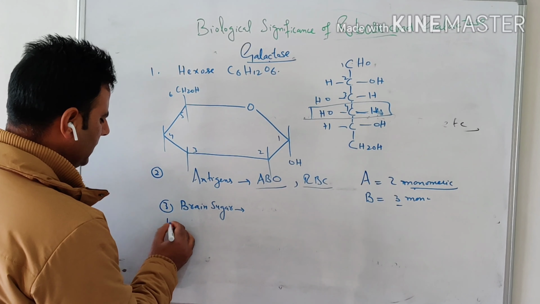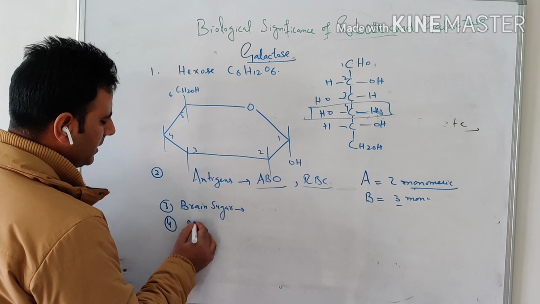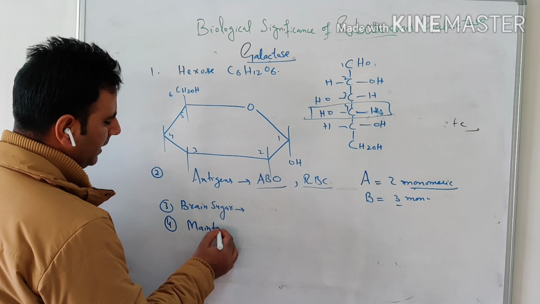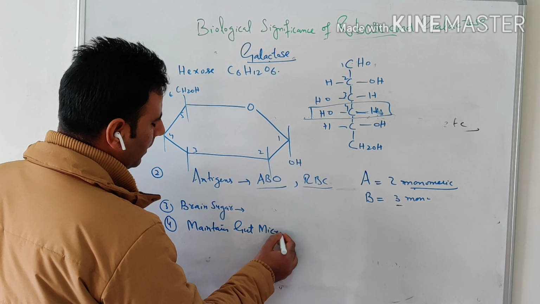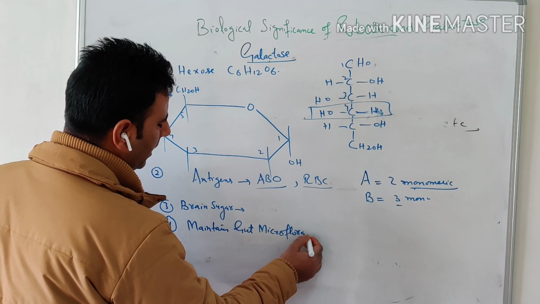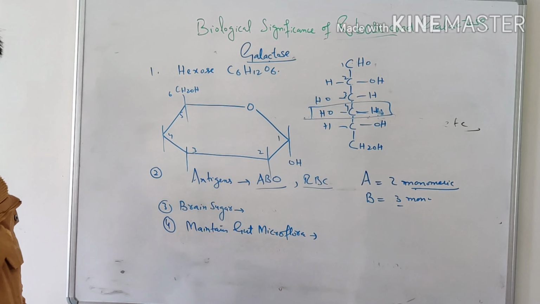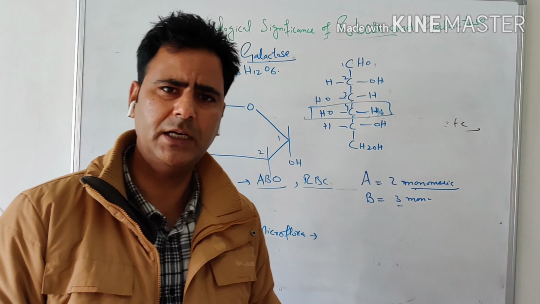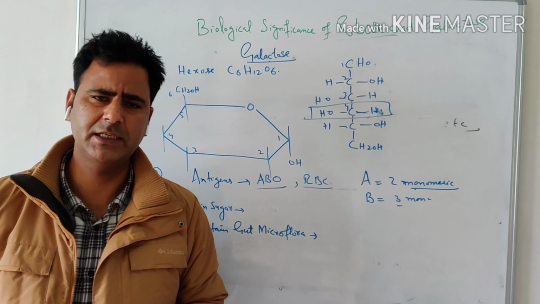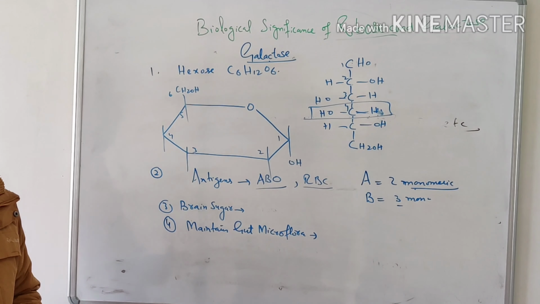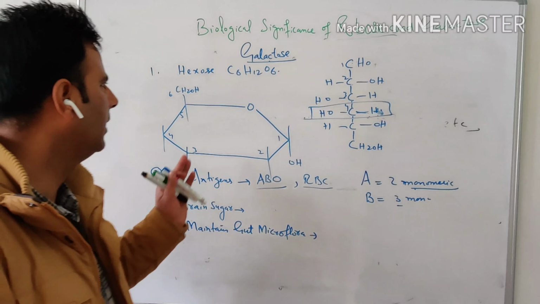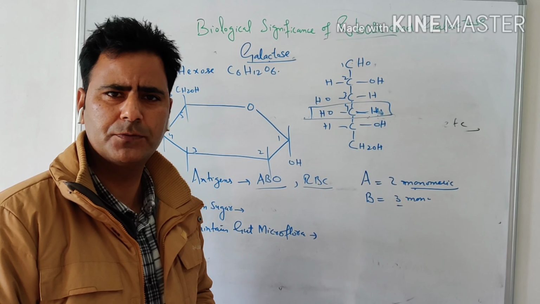And this galactose has some role to maintain the gut microflora. Our gut contains microflora. That's also very essential. And this gut flora is maintained by the sugar, that's galactose.